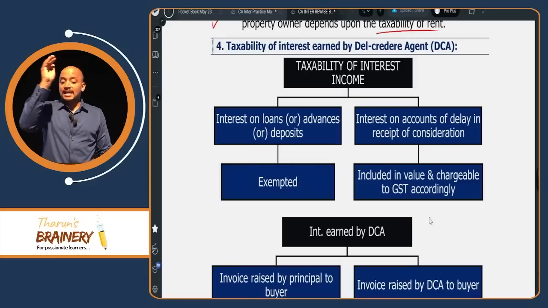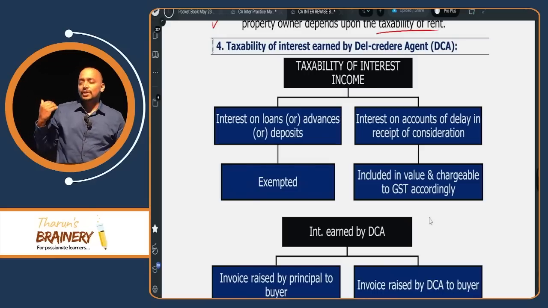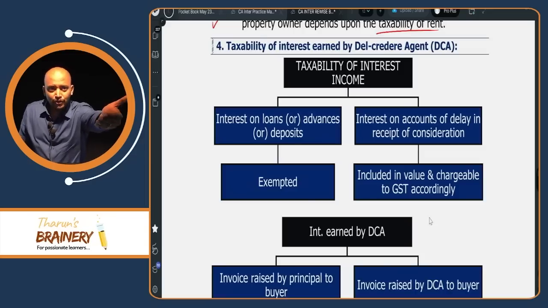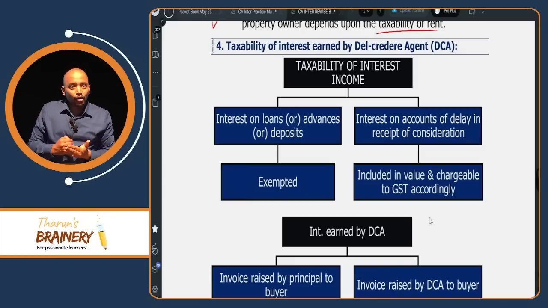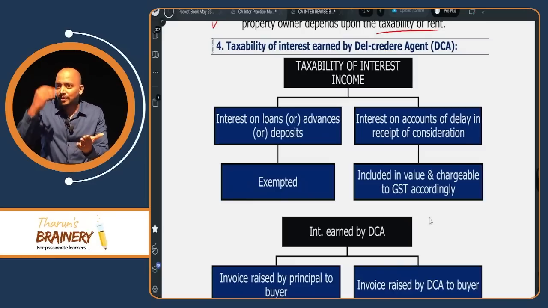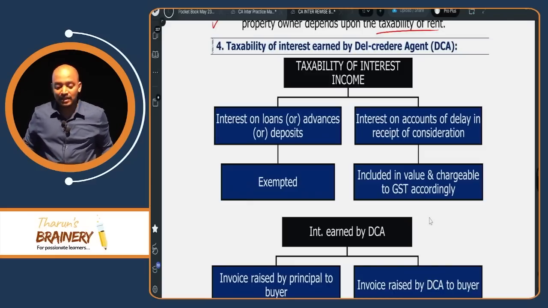Clear? Whereas interest on account of delay in receipt of consideration: what is the meaning? You have to give me some money, you did not pay on time, so I am collecting some interest from you. This is known as interest on account of delay in receipt of consideration.